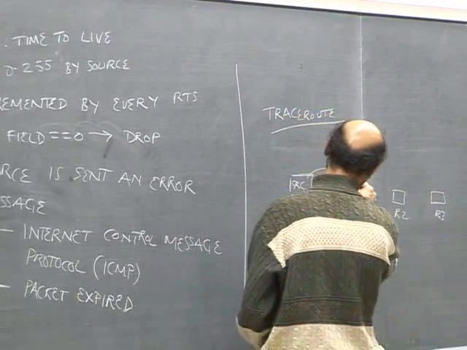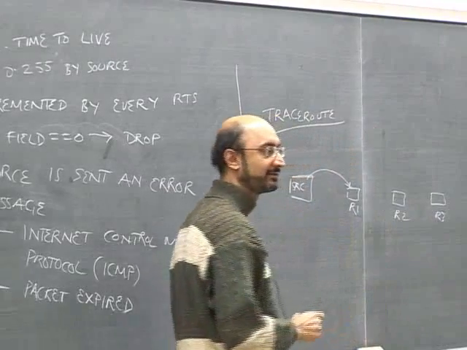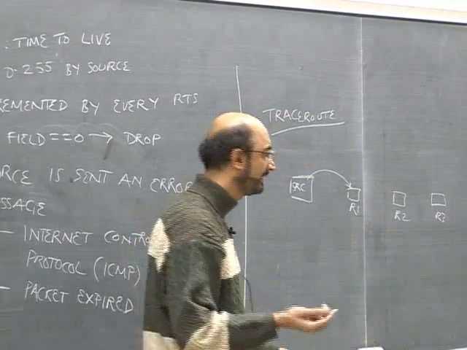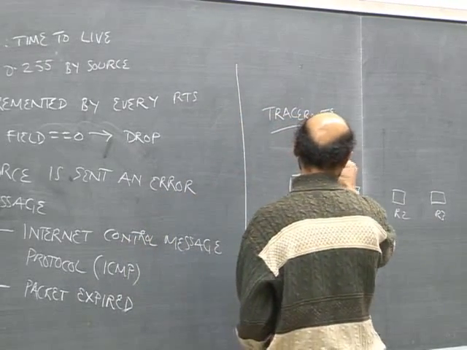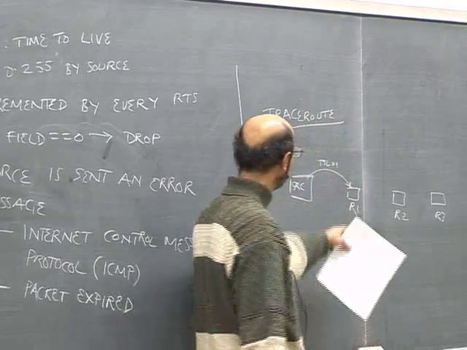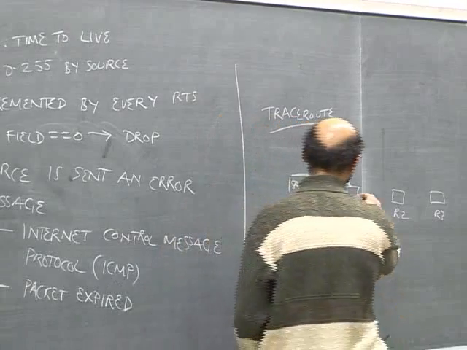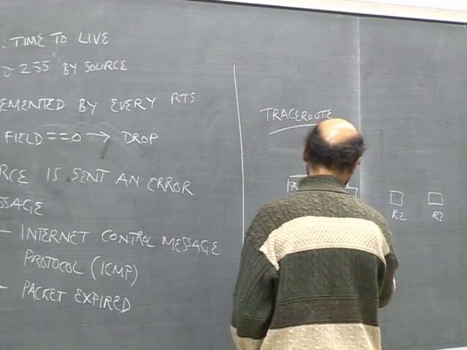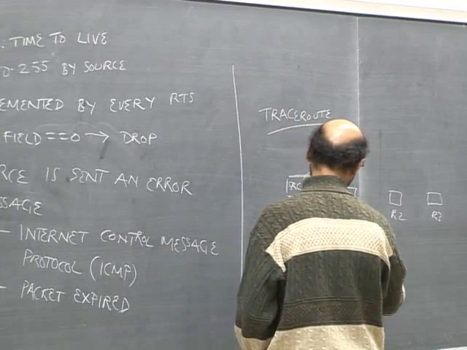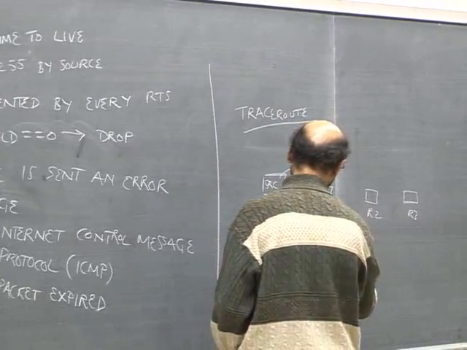What you do is this. You send an IP packet like this, and you artificially set the TTL to 1. The first router is going to decrement it to 0, and it's going to send you back an ICMP message, with source equals R1.